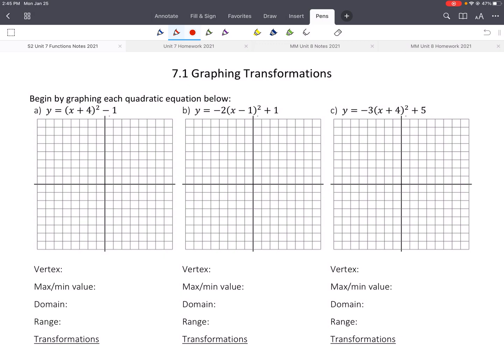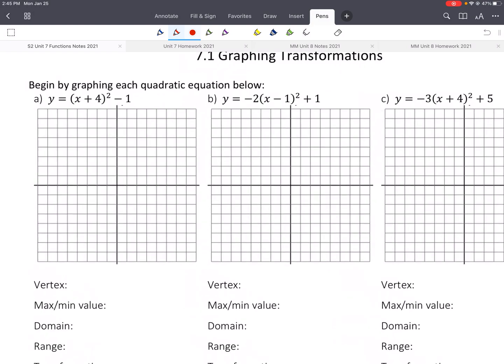Another way would be, since it's in vertex form, we can find the vertex really quick. So if you're trying to do this with the least amount of time, the best way to do it would be not to use your graphing calculator. But if you were stuck, you could always graph them. All right, so if you need some help to get started, don't pause yet. If you think you know how to do all this, then pause and do these problems.